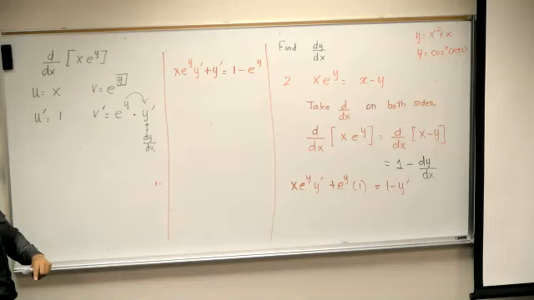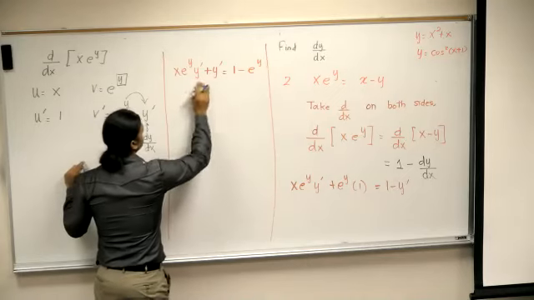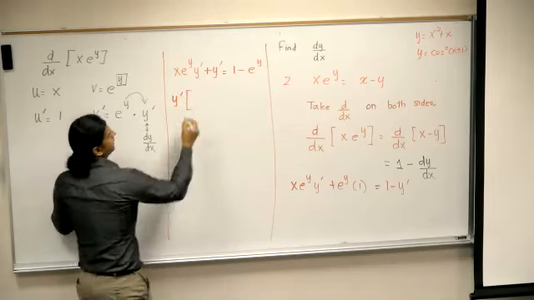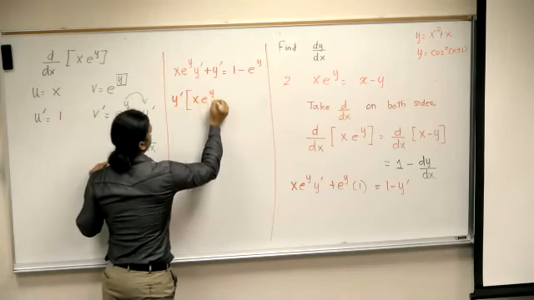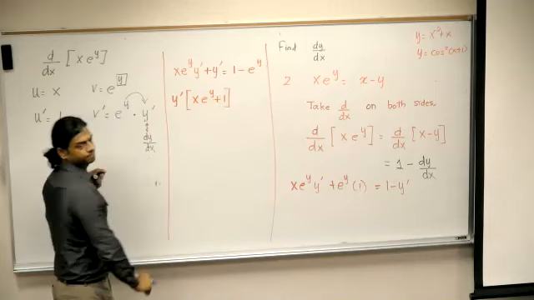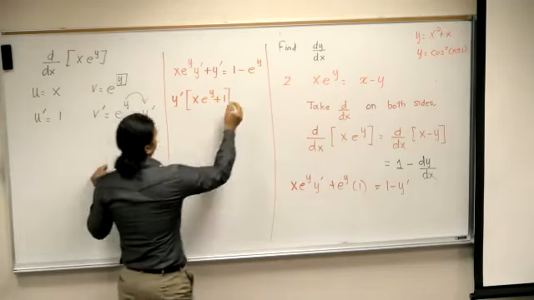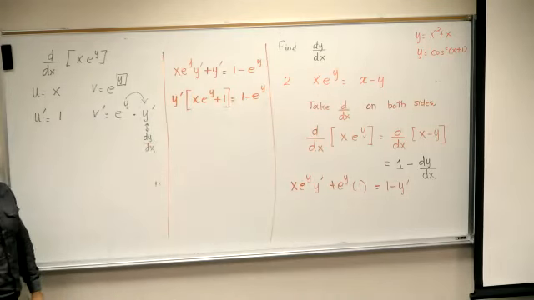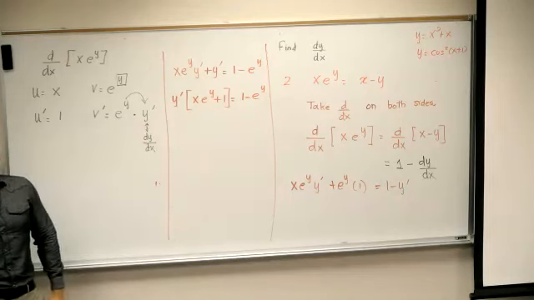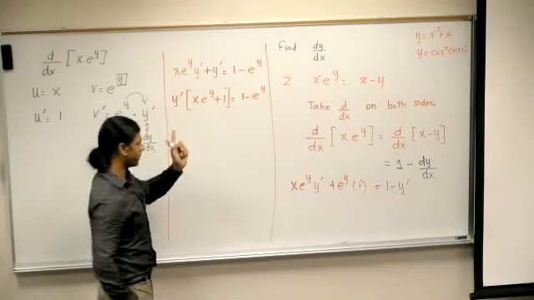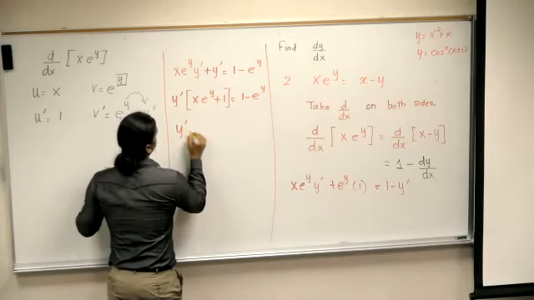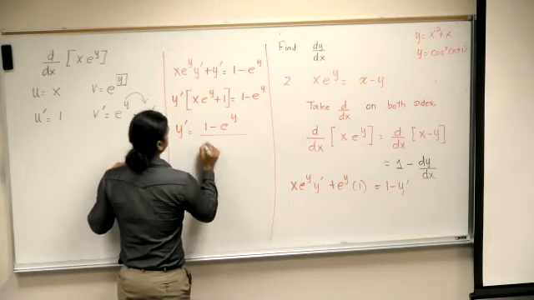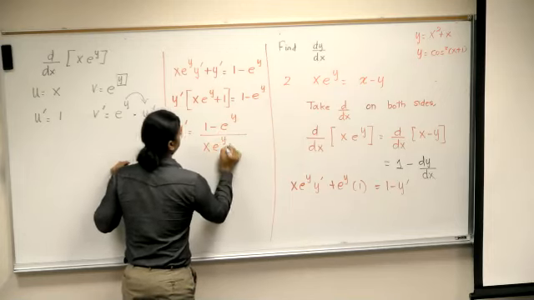Now I can solve for y prime. So y prime is in common. If I pull that out, I will have y prime times (x e raised y plus 1) equals 1 minus e raised y. How do we solve for y prime? Divide by this term on both sides. y prime is 1 minus e raised y divided by x e raised y plus 1.